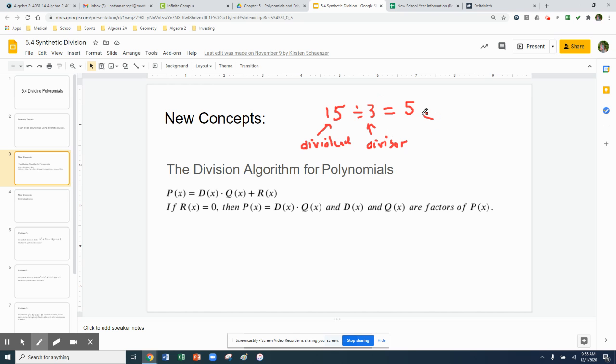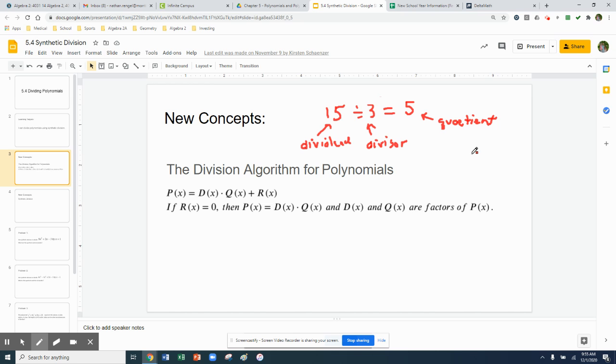And then 5 is called your quotient. I think I spelled quotient wrong, but don't worry about that. Every division problem has a dividend, and then your divisor, and it's going to equal your quotient.